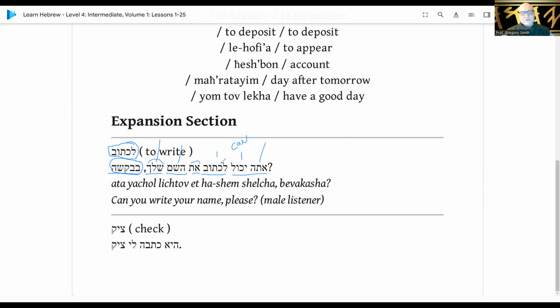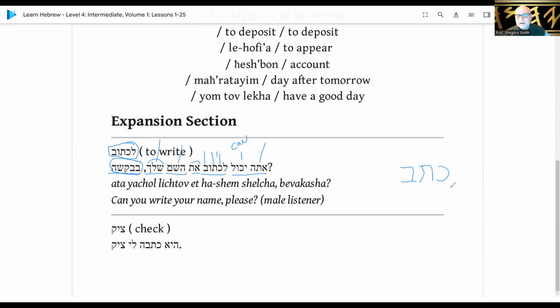And remember that there's a lot of verbs that come off of liktov, like katav, like ani katav, I wrote, or hu katav, he wrote, or hi katva, she wrote, and so on. They all come from those 3-letter roots. We've got a chaf, a tav, and a vet. So you've got katav. So the root would be like this.